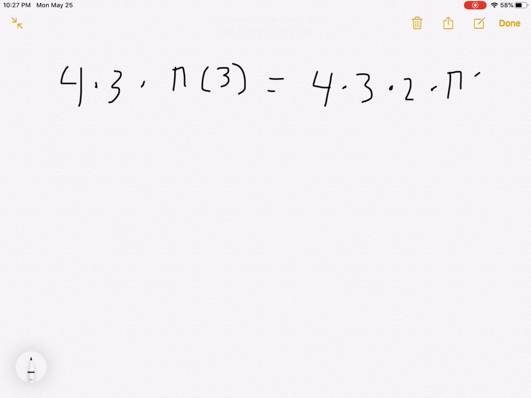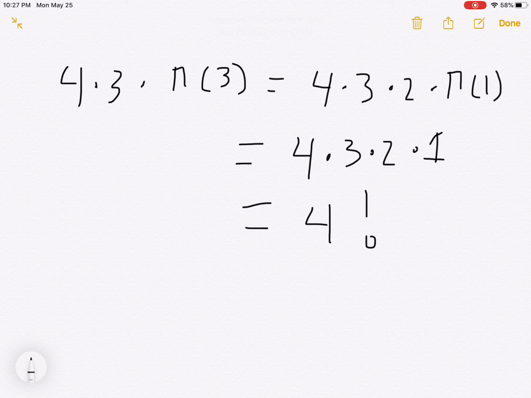So that's going to be 4 times 3 times gamma of 3. And then I can use the property one more time. It's going to be 4 times 3 times 2 times gamma of 1. Well, gamma of 1 is 1, so that's 4 times 3 times 2 times 1. I'm pretty sure that's 4 factorial.